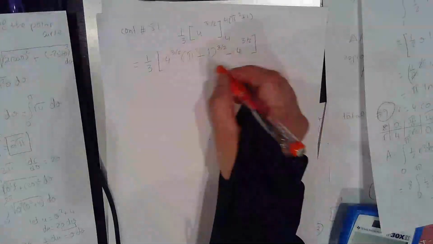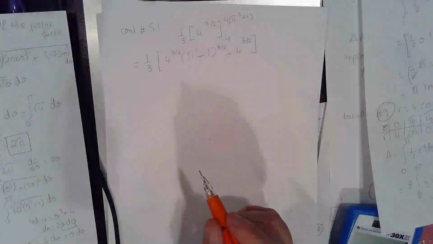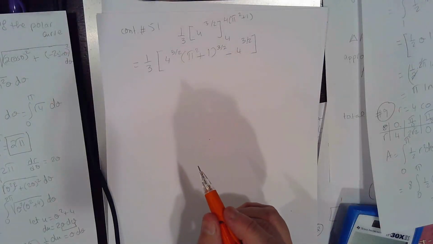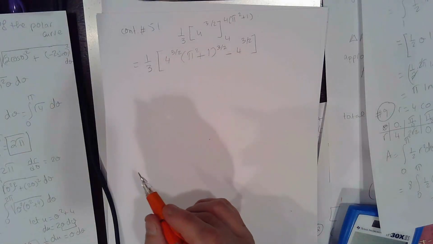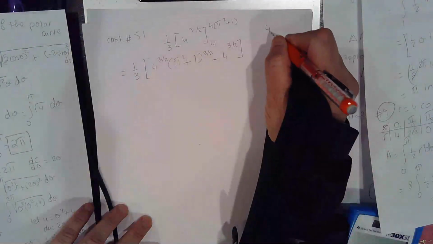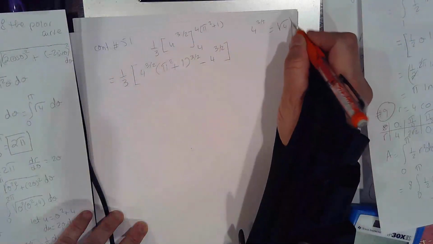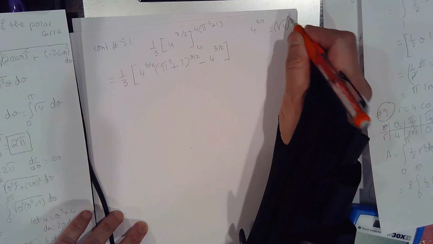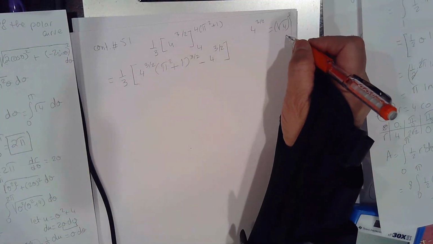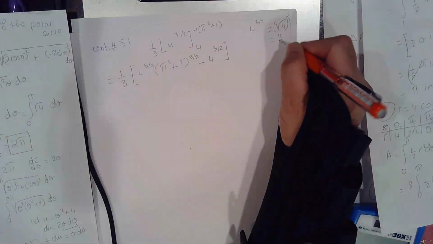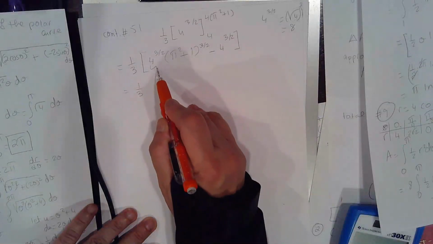So this is as far as the algebra is going to work out. You can factor out the 4 to the 3/2. From algebra, what is that? The square root of 4 to the third power. So this is 2 cubed, that's 8, right? So this becomes 8, and this is 8.